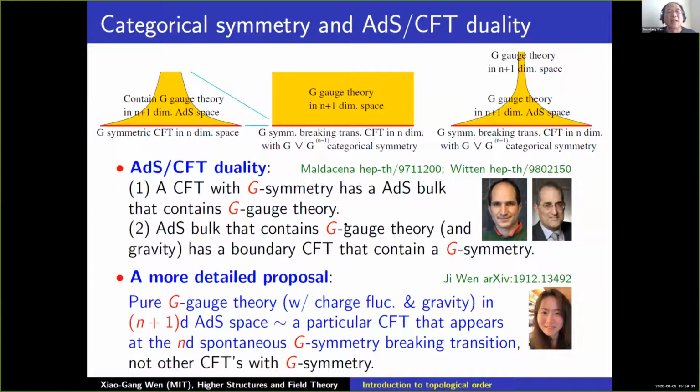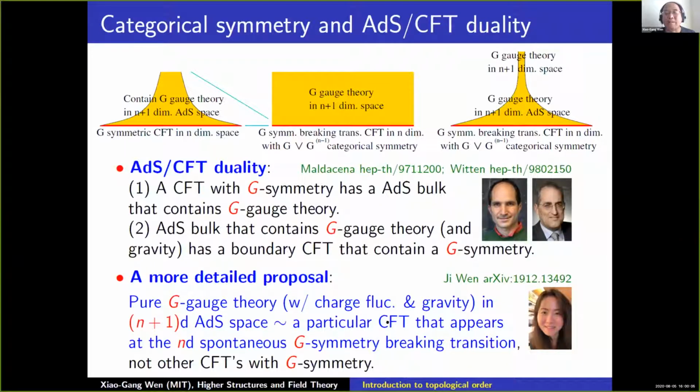We say that if the bulk has only a gauge theory, but this gauge theory should allow charge fluctuation and flux fluctuation, and certain gravity, we always have gravity in the bulk, that's what we call a pure gauge theory. If the bulk has this pure gauge theory, then the boundary is this particular critical point.